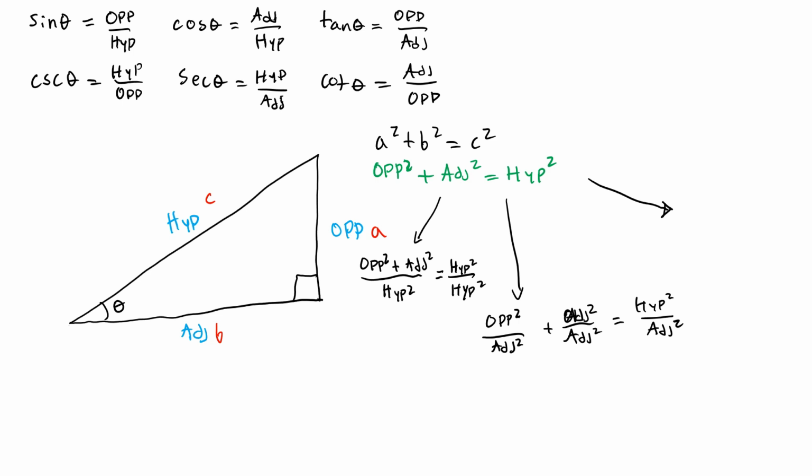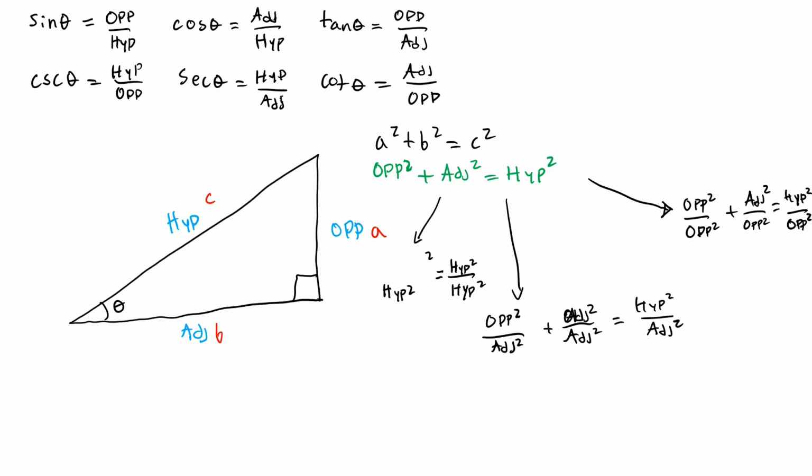And then here, what if we divide all sides by opposite squared? So we get opposite squared over opposite squared plus adjacent squared over opposite squared equals hypotenuse squared over opposite squared. Now I can split this up into 2 fractions right here.